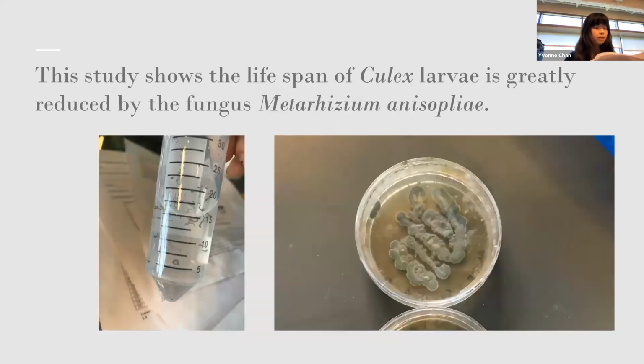In conclusion, this study successfully isolates the entomopathogenic fungi from 20 soil samples, and the presence and amount of the fungi varied by location. The study showed that Culex larvae are susceptible to Metarhizium anisopliae.